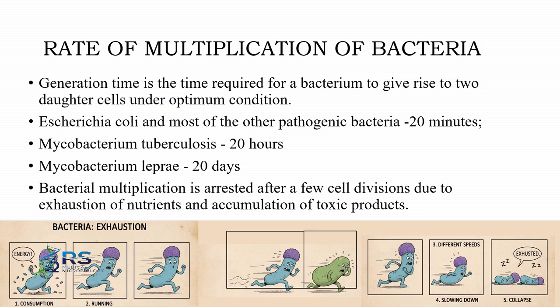So for diagnosis, or if you want to grow them in a culture media, it will also take a heavy amount of time, around 2 to 8 weeks for the bacteria to grow and for us to diagnose the infection. After a certain phase, when the dietary requirements are not met and toxic products are produced because of the cell divisions, slowly the multiplication will stop.